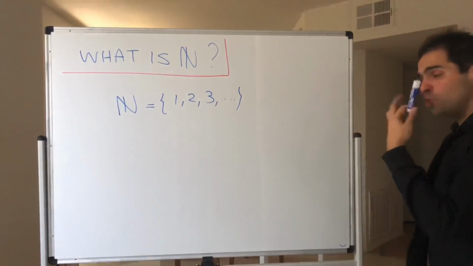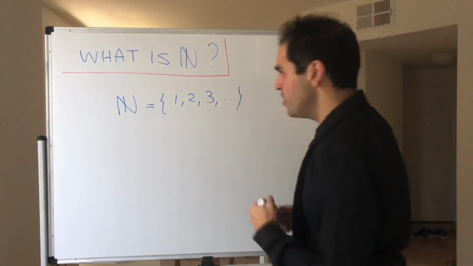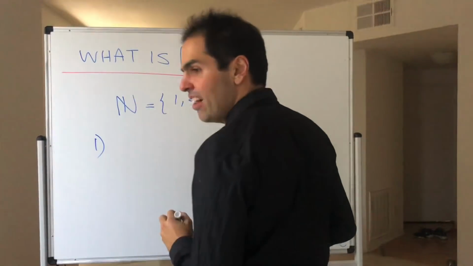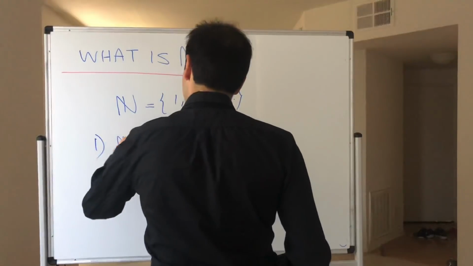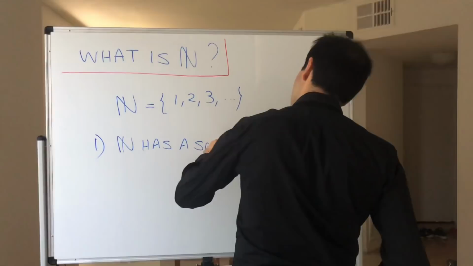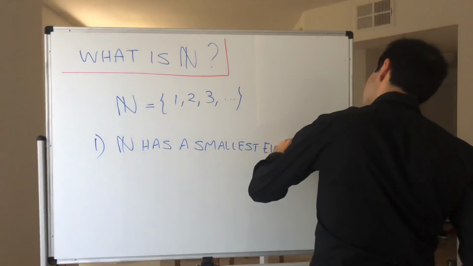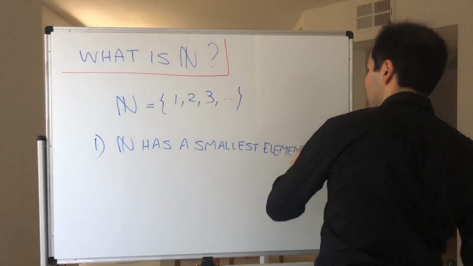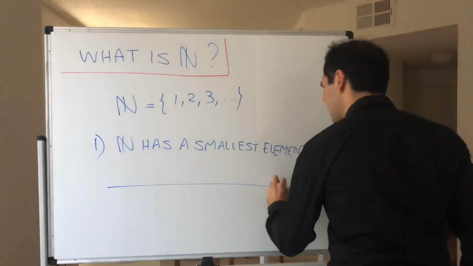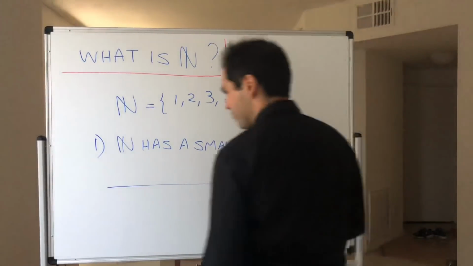Well, there are two properties that set N apart from other sets. First of all, N has a least element, the smallest element, called 1. If you draw it on an axis, this is N, and it starts with 1.